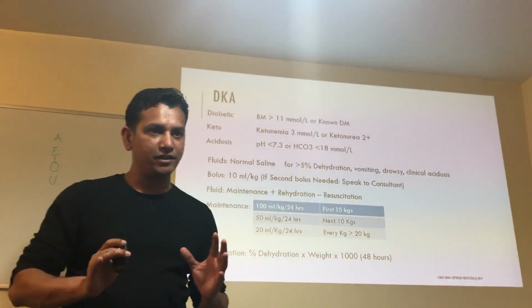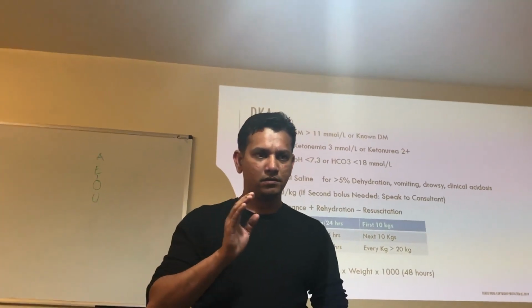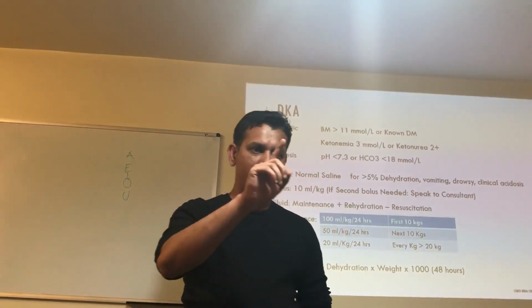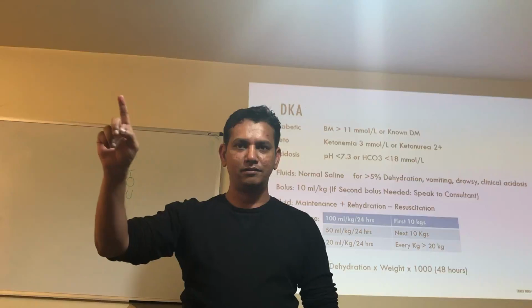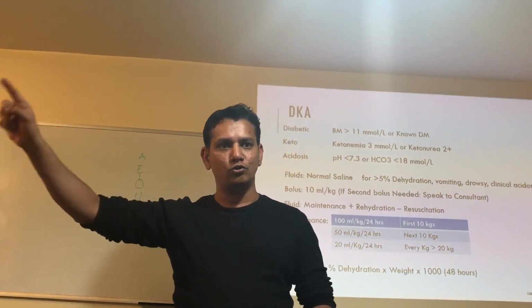Concentrate on how I define it. You don't even have to look at the PowerPoint. Diabetic, keto, acidosis. Diabetic: BM greater than 11 millimoles per liter or known diabetic.